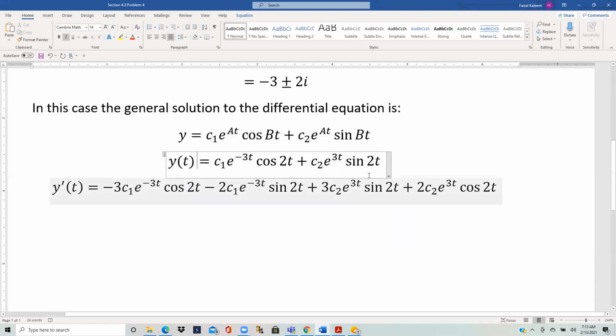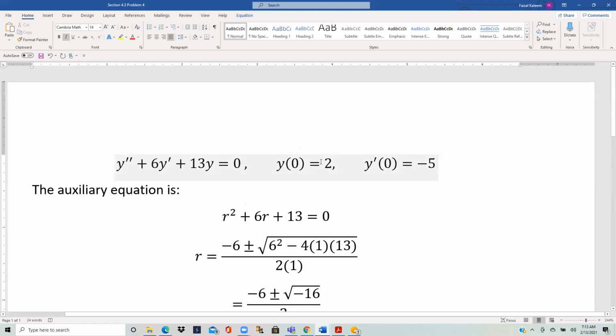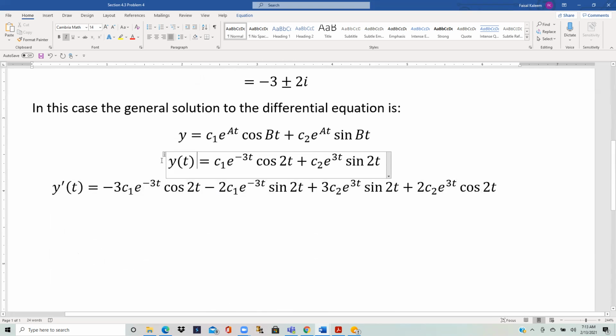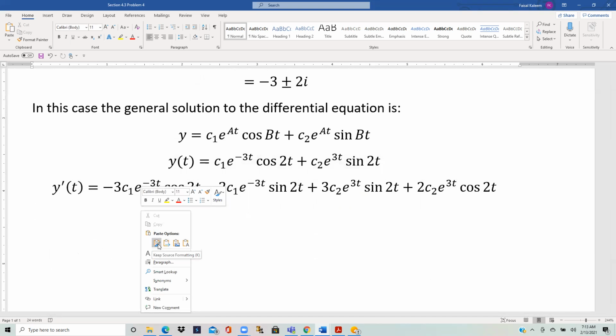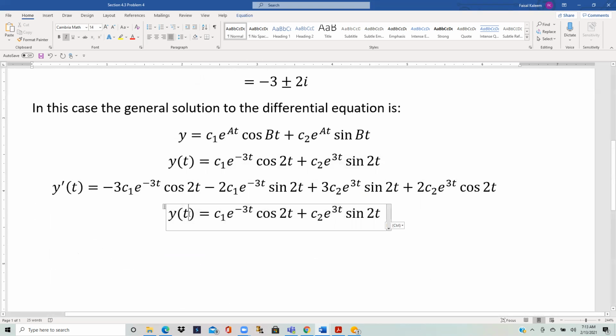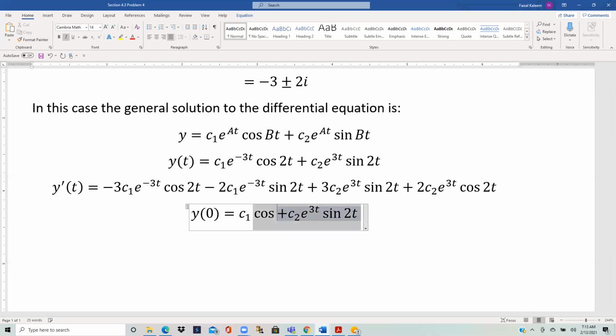And now the first condition is y of 0 is equal to 2. So y of 0, this would become e to the 0, which is 1. And this is cosine of 0 when you put t equal to 0. And cosine 0 is also 1.